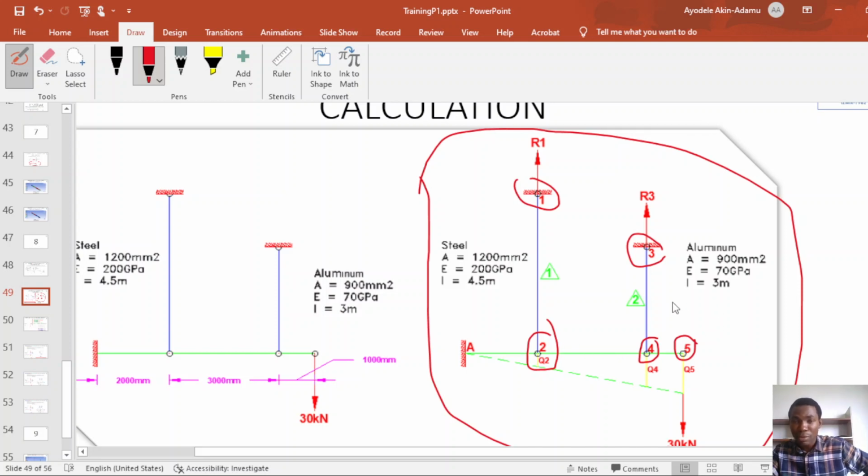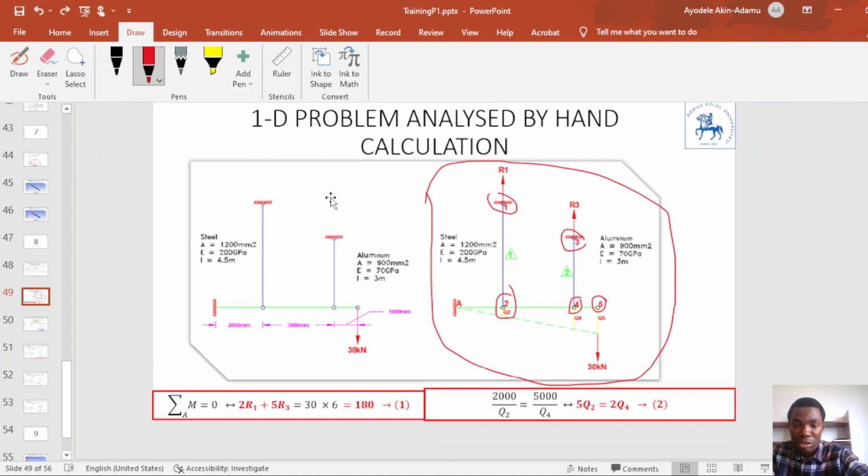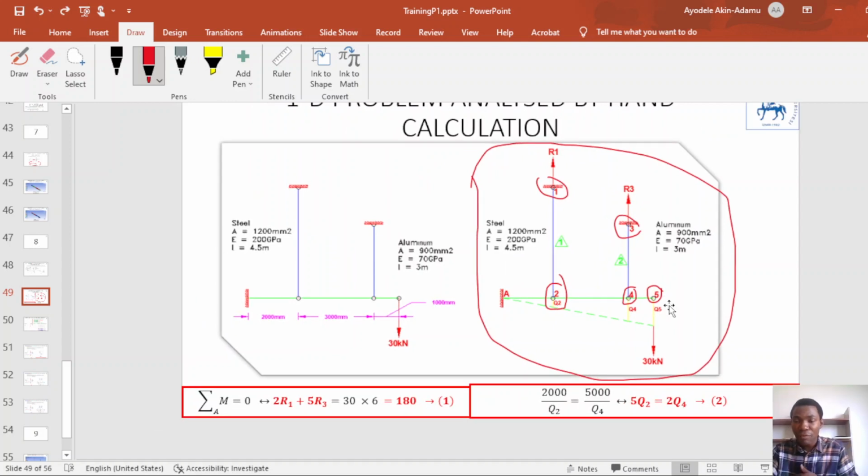Actually, this explanation I'm giving is for the finite element solution. For manual calculation, we don't actually need this explanation now. So I've explained that a small rotation about node A will cause Q2, Q4, and Q5 deformation at node 2, node 4, and node 5.